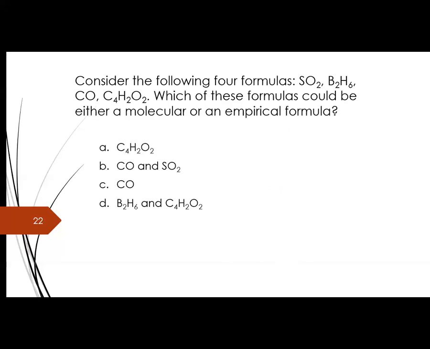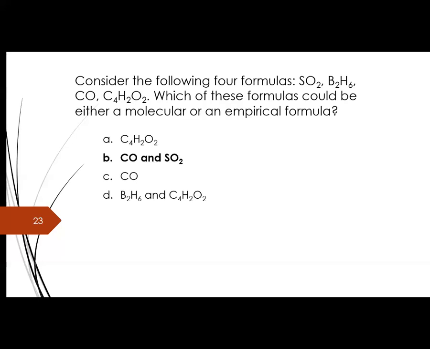Let's look at our next example. So using those same 4, which of these formulas could be either a molecular or an empirical formula? So they could be either or. That answer is going to be B. The only ones that it could be is our carbon monoxide and our SO2, sulfur dioxide.